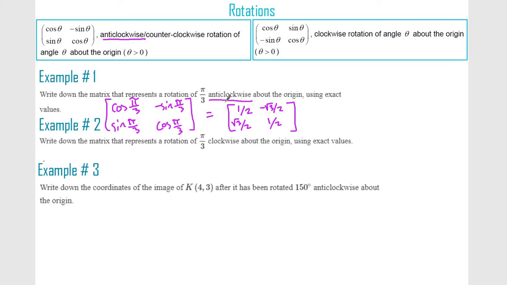Here you can practice it with number 2. So you're doing a clockwise rotation with pi over 3. So cosine pi over 3, negative sine pi over 3.